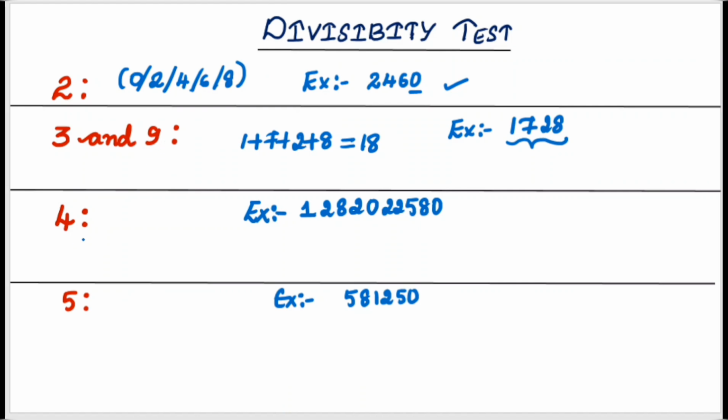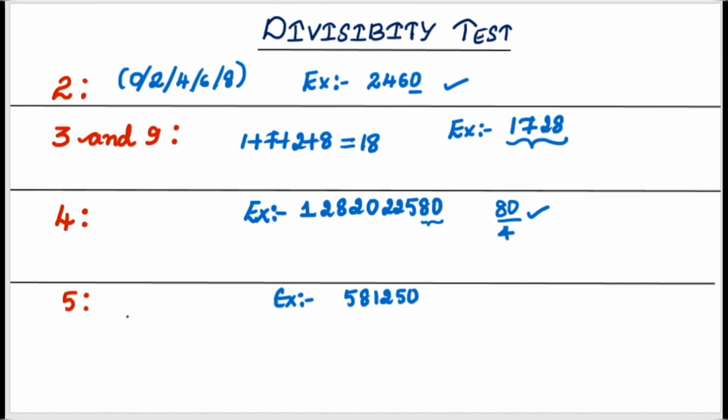Let us move on to the divisibility test for 4. Last two digits we need to consider. If the last two digits of the given number are divisible by 4, then the whole number is divisible by 4. In the given example, the last two digits are 80. 80 is divisible by 4, so the complete number is divisible by 4.